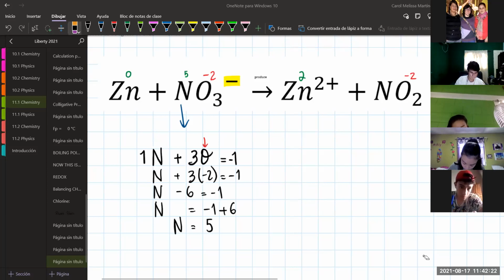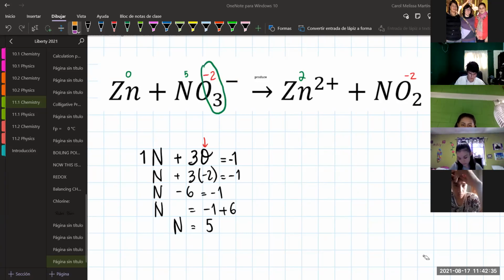Okay, so you can do it like that, or you can do it mentally. What I do to do it mentally is I say negative 2 times 3, which is negative 6. I add the charge, and then I just get the number without the charge, I mean without the sign.